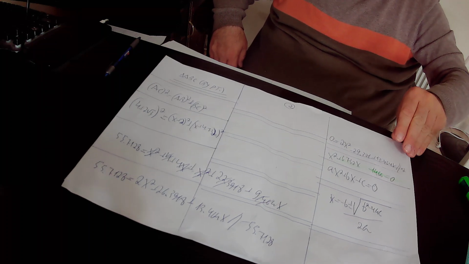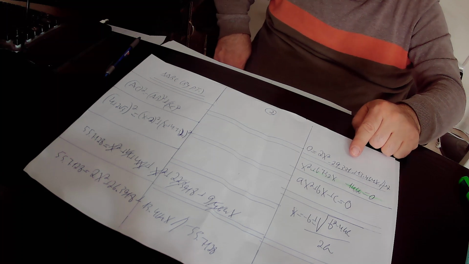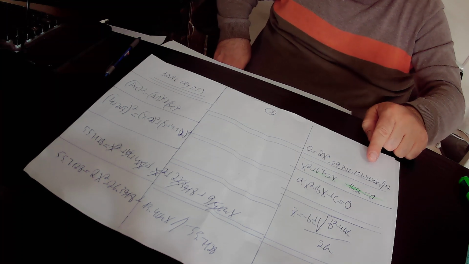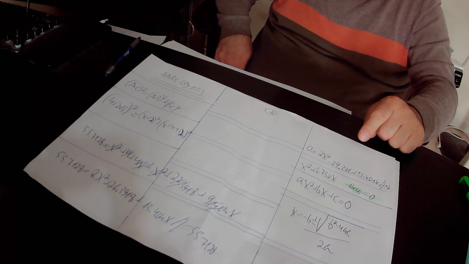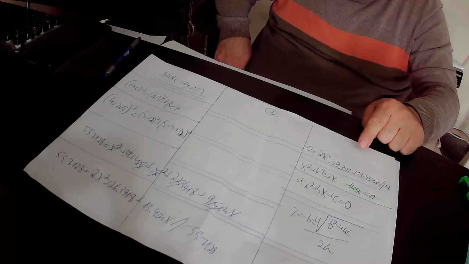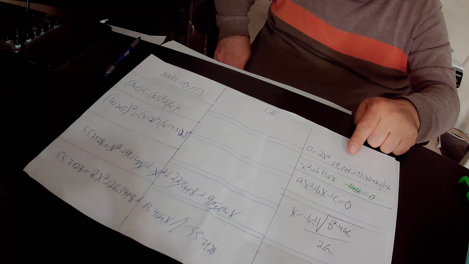So in conclusion, 0 equals 2x squared minus 29.321 plus 13.464x.